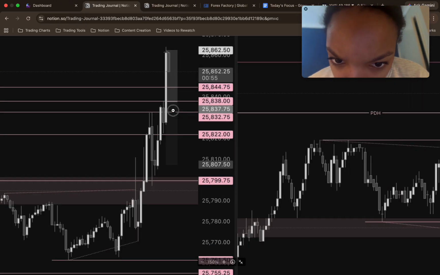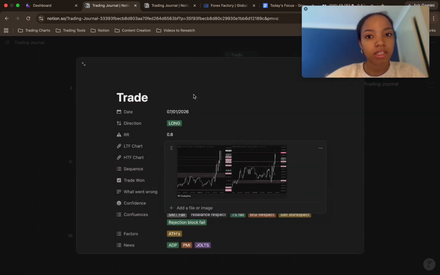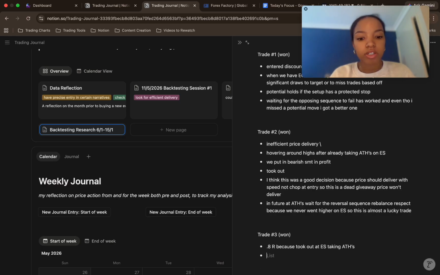Actually, no, it looks like we took that high by a tick and then we reversed. So we should have been delivered, and we also kind of had reversal sequence here, coming back up, taking the draw and continuing down. So I think that high progressive entry was good because everyone's probably going to be shorting off of previous day highs being taken. So I think that was a good aggressive entry.